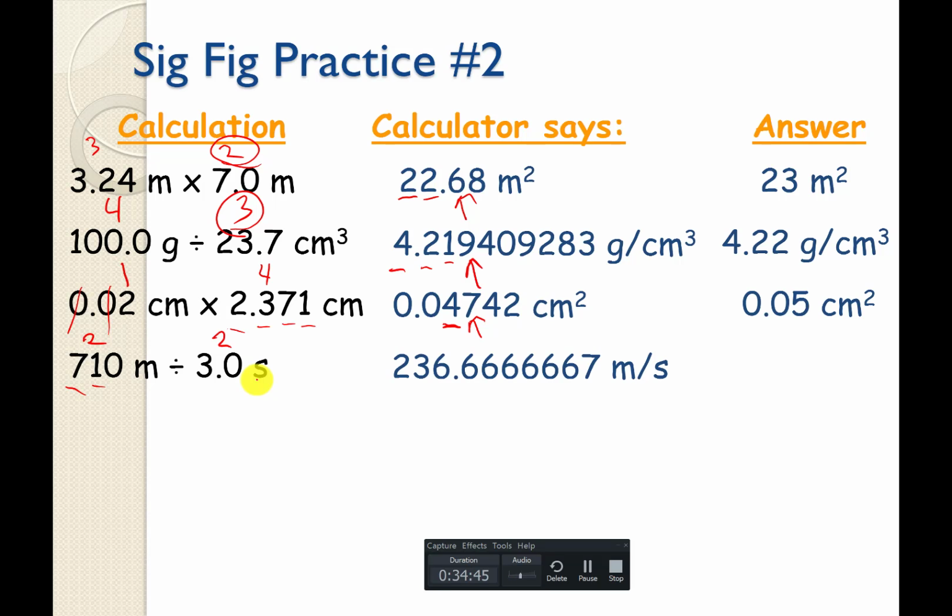So our answer must have 2 significant figures. We count starting from the left, 1, 2, then we look at our first non-significant figure. It's 5 or greater. Therefore, we're going to round up the last significant figure, and our answer is going to be 240 meters per second.